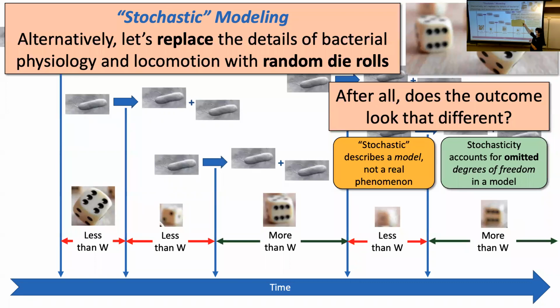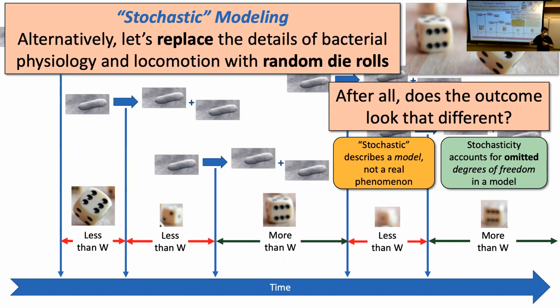Stochastic describes a model, not a phenomenon. It is an approach of building a model of reality that substitutes randomness in place of a lot of details that would be really hard to figure out and put into your model. So it accounts for omitted degrees of freedom.